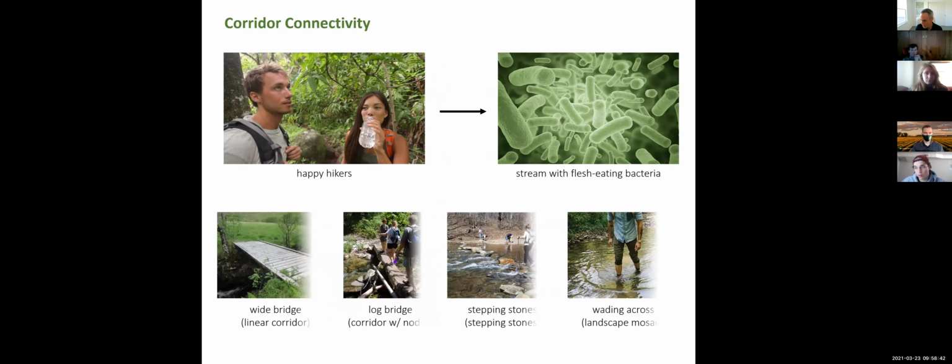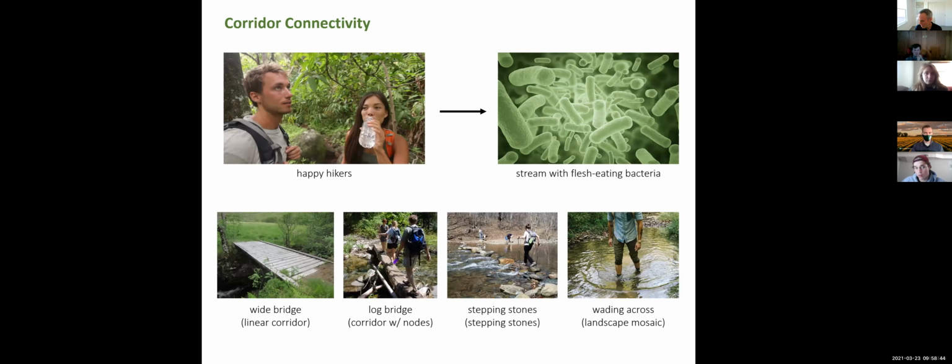So in this situation, which of the crossings would you want to choose, right? You have a wide bridge that's going to be pretty easy and not have much challenge to it. Very little chance of getting wet and getting eaten by the flesh-eating bacteria. A log bridge is similar to a corridor with nodes, where it's a little bit riskier.